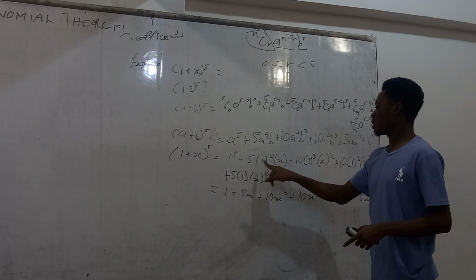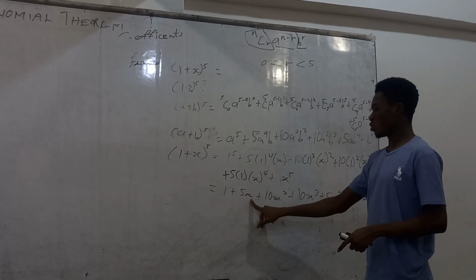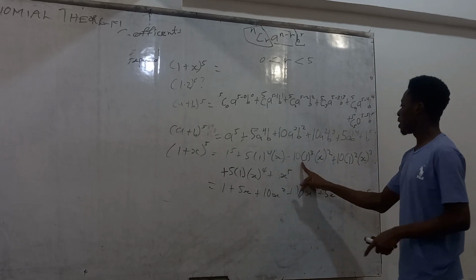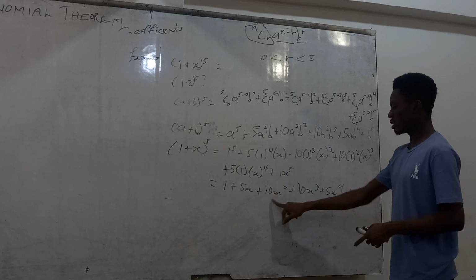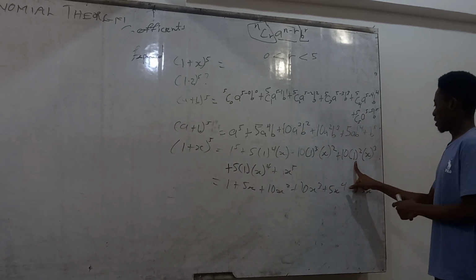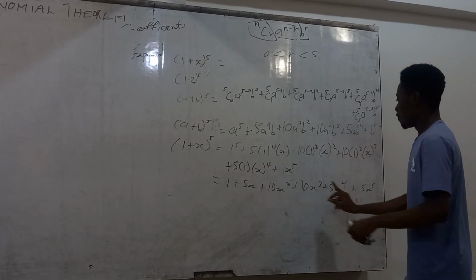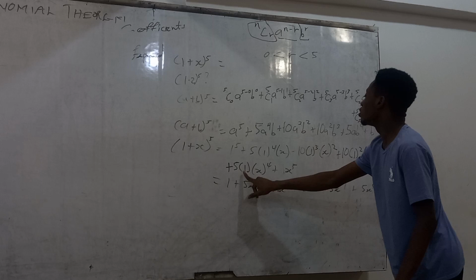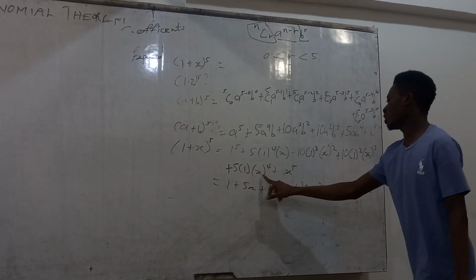Then 1 times 5 is 5, times x, so 5x. 10 times 1 is 10, times x squared, so 10x squared. 10 times 1 is 10, times x cubed, giving 10x cubed. 5 times 1 is still 5, so 5 times x to the power 4.